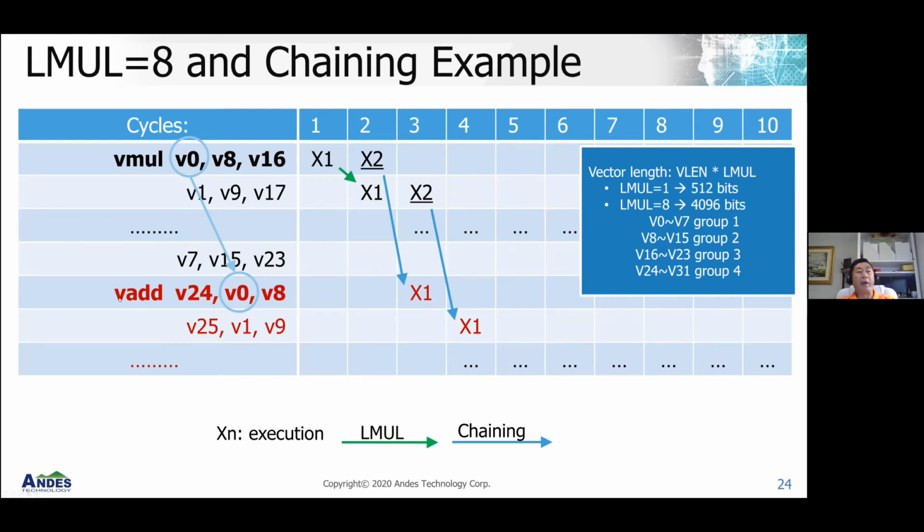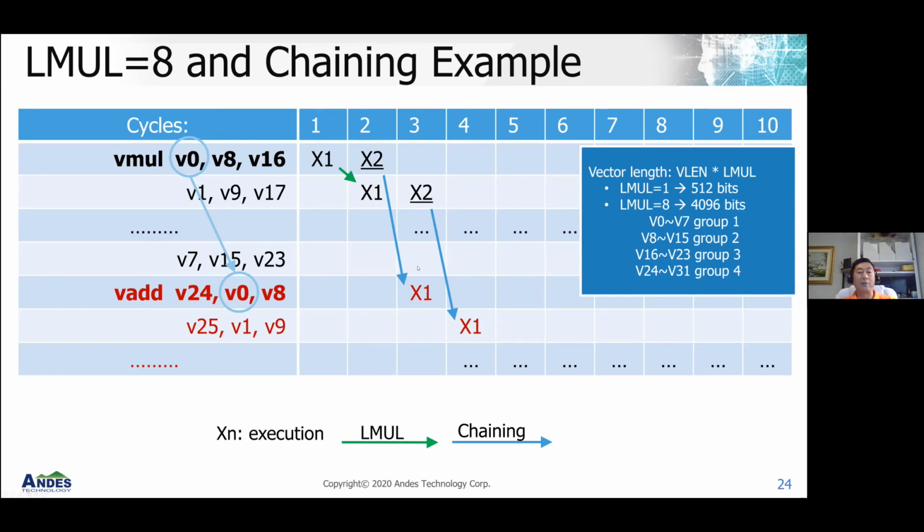Then you have a vector add instruction, which also will be broken up into 8 micro-ops. But because of the data dependency, as soon as the vector multiply is finished, it can forward the data to the add instruction immediately. So the vector add doesn't have to wait for all of the micro-ops to finish before it can start. It can start immediately when the first micro-op is done, and the data is being forwarded.